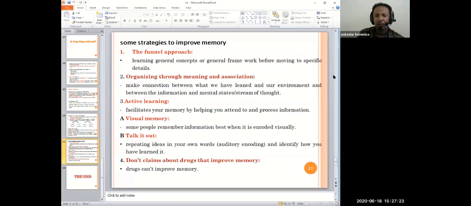The other thing is active learning. What do we mean by active learning? For instance, some of us are visual. We don't forget things we saw. Some of us don't forget things we talked about.